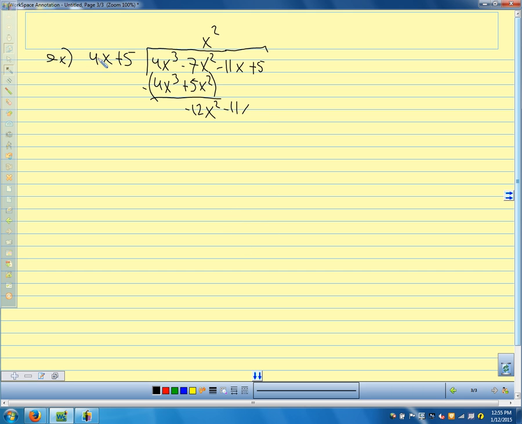Then I say, what do I have to multiply 4x by to get negative 12x squared? Minus 3x. Multiply that, I get minus 12x squared. Minus 3x times positive 5 is minus 15x. Subtract. Those go away. Minus 11x plus 15x is 4x. Bring that 5 down.